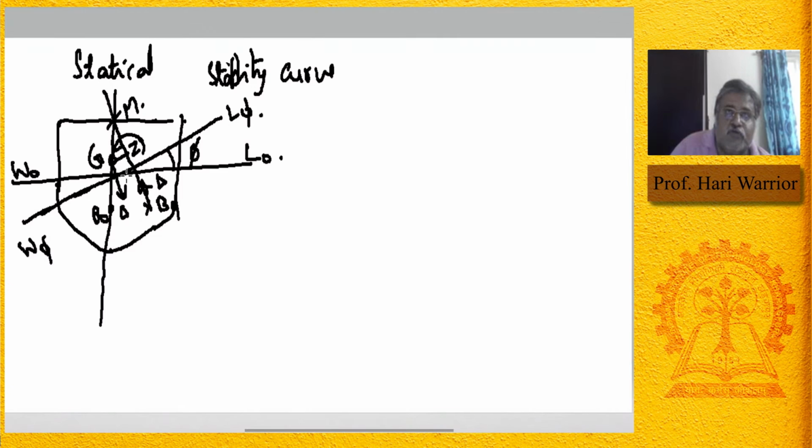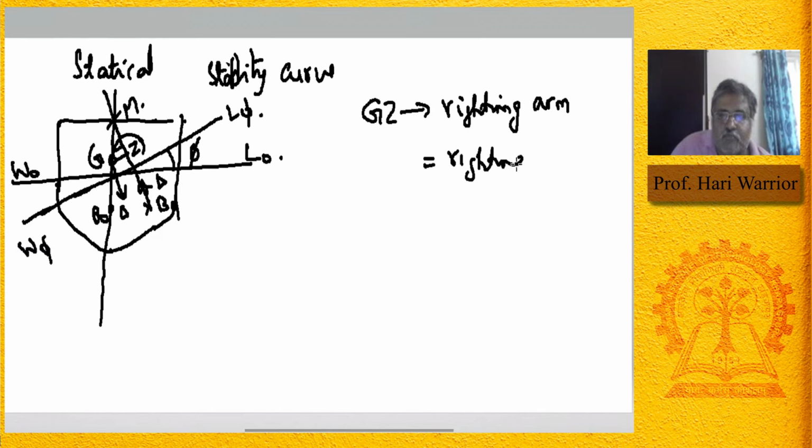This point gives GZ, and this GZ cannot be used for anything else. G is only the center of gravity, Z is the position of that perpendicular. So GZ is known as the righting arm or the righting lever.